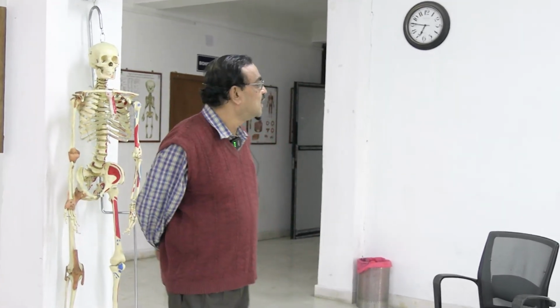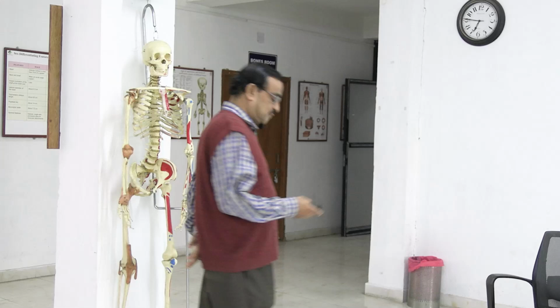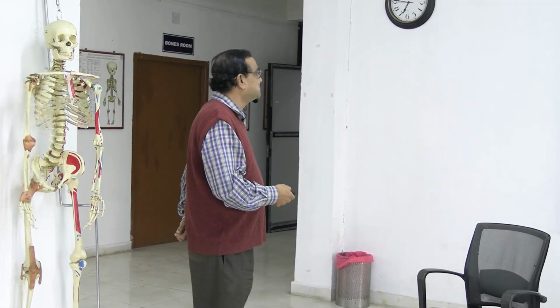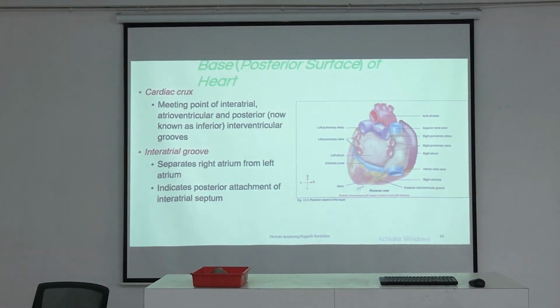Now our concern is about the apex, base, right surface, left surface, diaphragmatic surface, and borders. And what is called the crus of the heart?